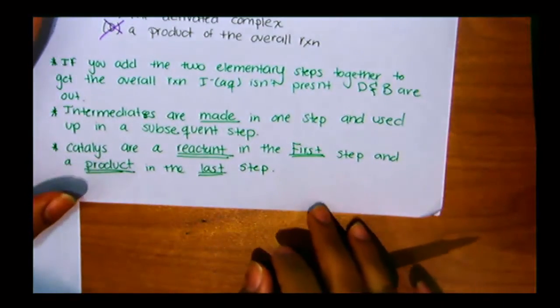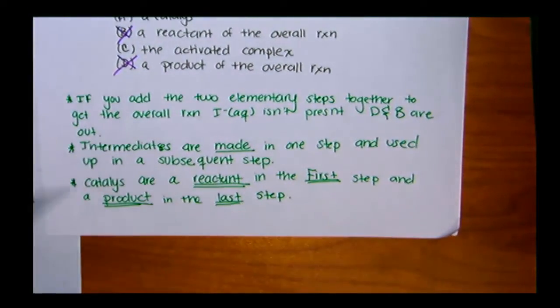And a catalyst is a reactant in the first step and a product in the final step. Questions? So iodide, you can look back at this reaction and see that it is a reactant in the first step and a product in the final step. So it's a catalyst. IO is a product in one step and it's used up in a subsequent step. It is an intermediate. Questions? I'm sorry, what? Yeah.